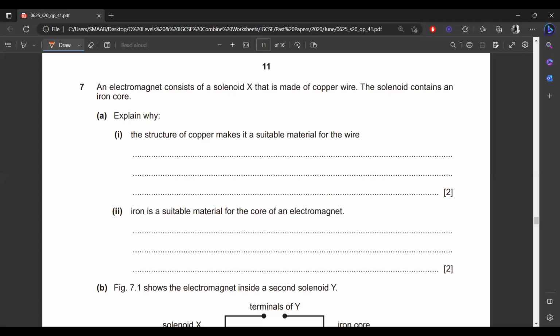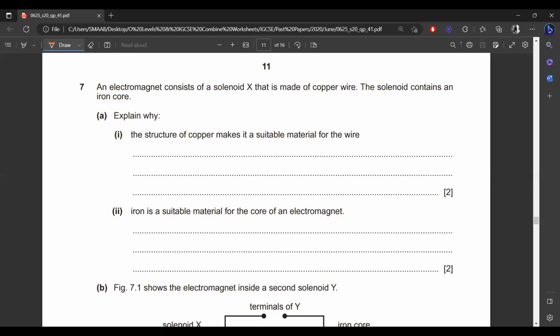About malleability, hmm. Because they are also asking about the structure of copper, what is the difference in the structure of copper that makes it more suitable to use in this whole setup.